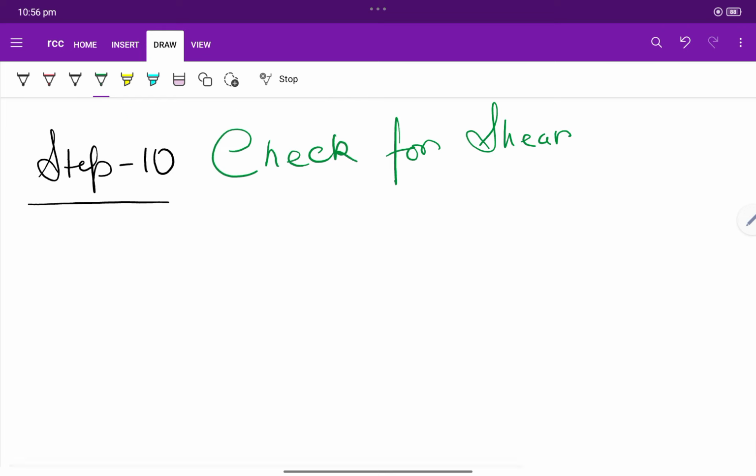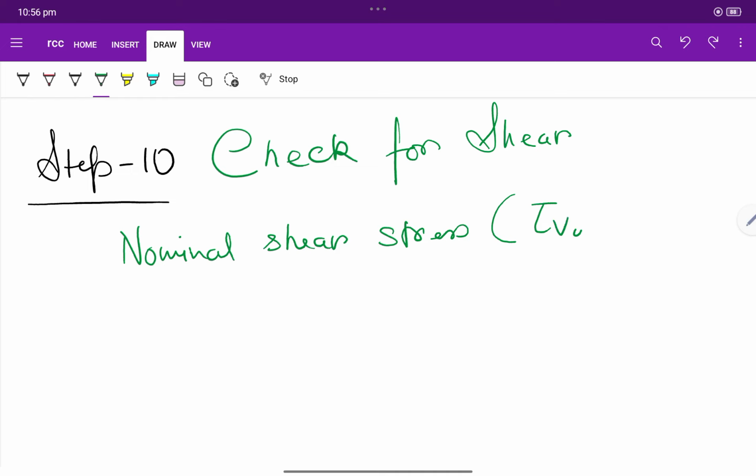We have to find out the nominal shear stress, that is tau, as we know. Previously also, tau v, we have to find out, that is tau v is equal to Vu divided by b into d.